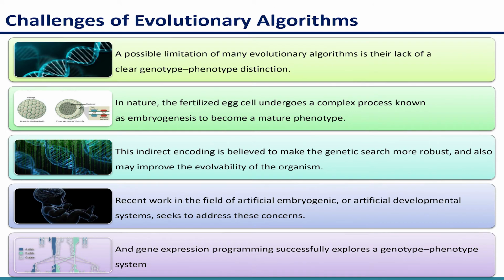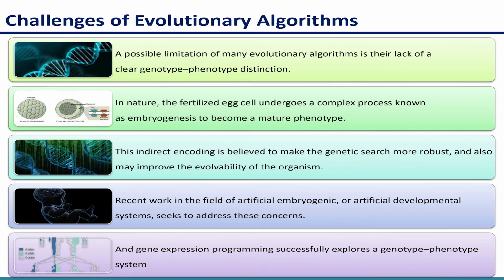Next we are going to talk about the challenges. The evolutionary algorithm still has some challenges. For example, a possible limitation of many evolutionary algorithms is their lack of a clear genotype or phenotype distinction. In nature, a fertilized egg cell undergoes a complex process known as embryogenesis to become the mature phenotype.